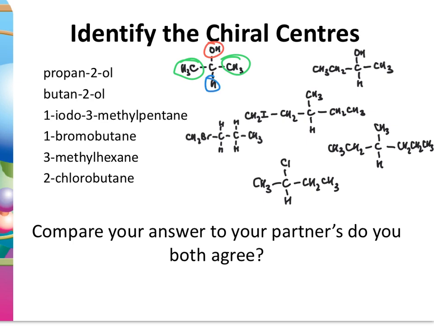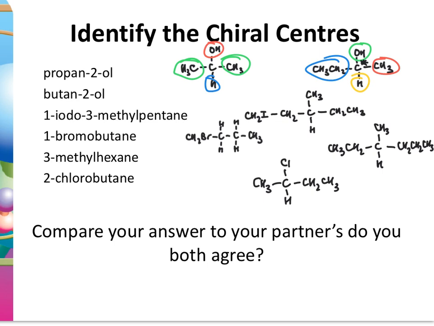What about the next one, butan-2-ol? We've got an ethyl group, a methyl group, a hydroxy group, and a hydrogen. So yes, we've got a chiral center there, so we would asterisk that. So we've got something that could exhibit optical isomerism there.